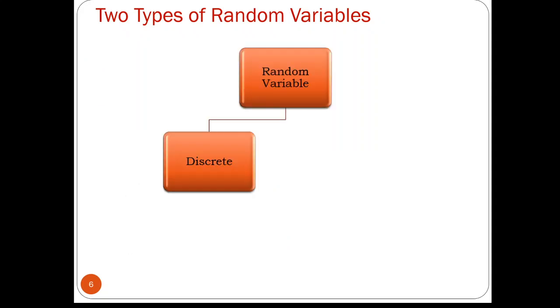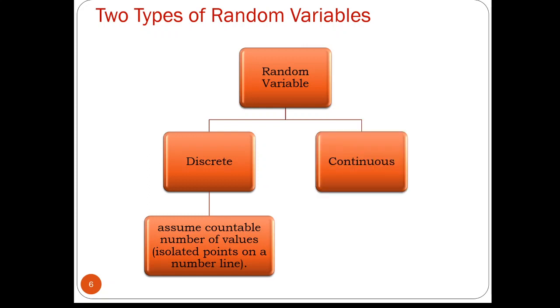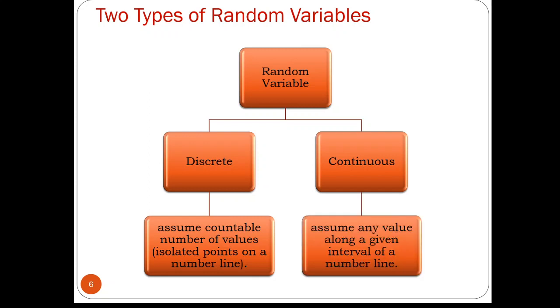Now we learned that there are two types of random variables, discrete and continuous. A discrete random variable assumes a countable number of values, and a continuous random variable assumes any value along a given interval of the number line.